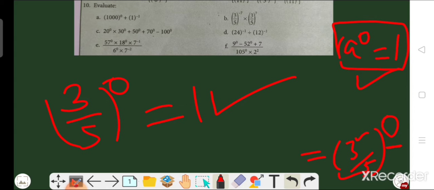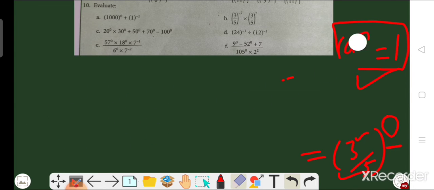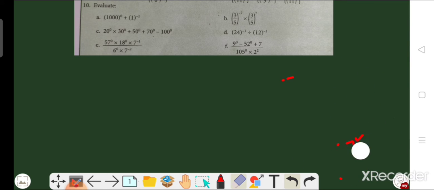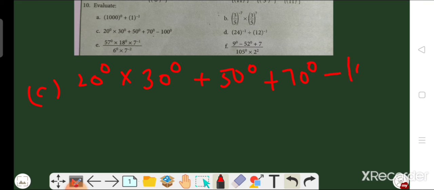Okay, now look at the C part. What do you have in the C part? 20 raised to the power 0 multiplied by 30 raised to the power 0 plus 50 raised to the power 0 plus 70 raised to the power 0 and minus 100 raised to the power 0. As we know, a raised to the power 0 is equal to 1.